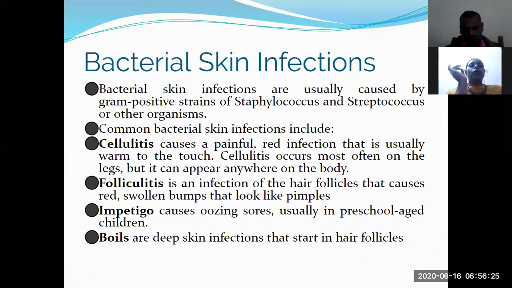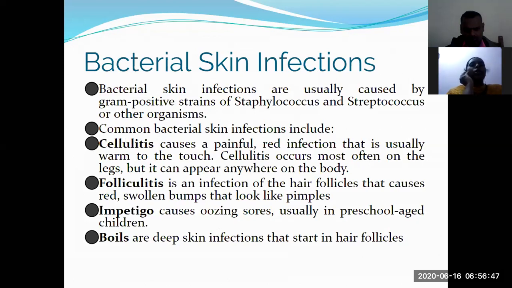Then impetigo, which causes oozing sores, usually in preschool-aged children. I mean, children around 8th or 9th standard, between 13 to 15 years of age, may experience yellow pimples, right?